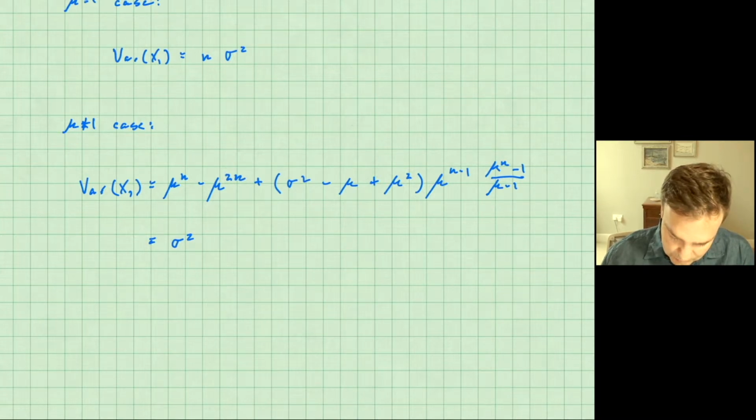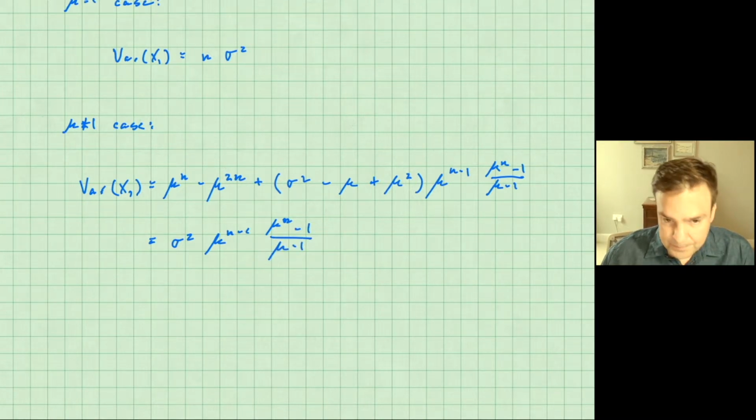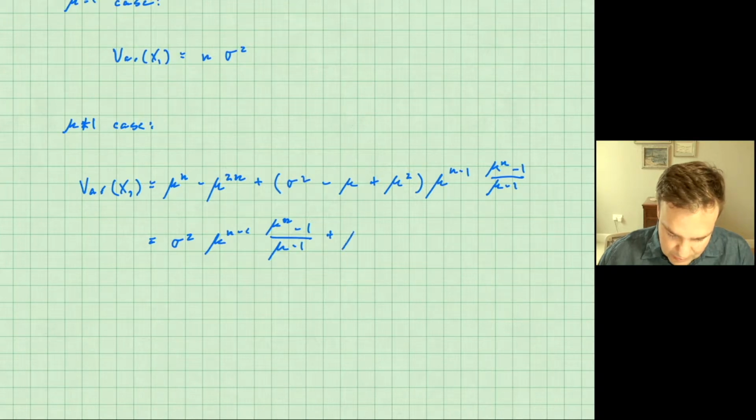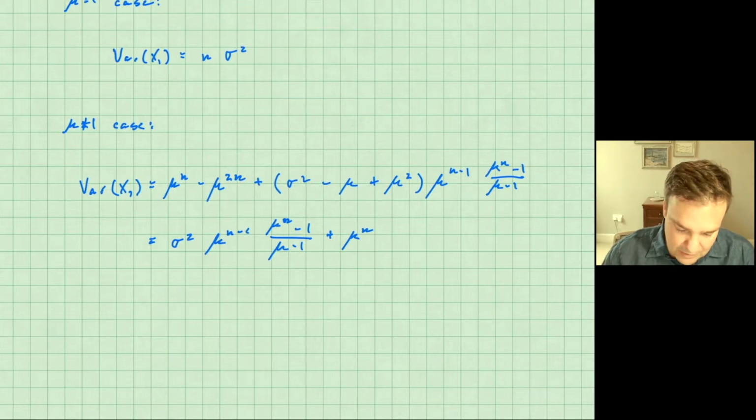Sigma squared is multiplying mu to the n minus 1 times the ratio mu to the n minus 1 over mu minus 1. And then the next term, I'm just going to isolate, keep the mu to the n from the very beginning of this expression. So this guy here, and then this guy here.